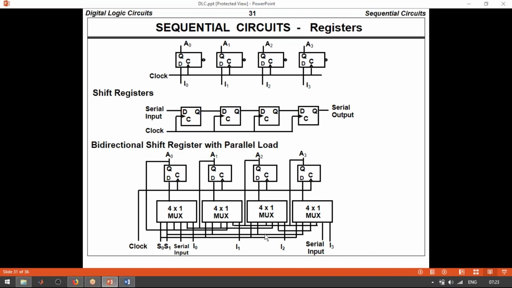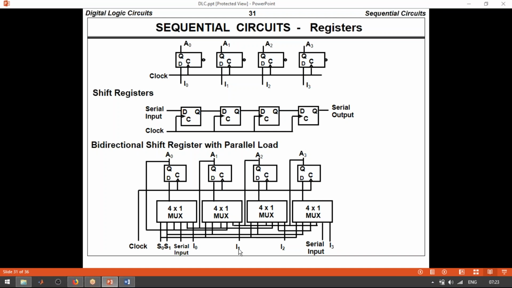Then A naught is connected to this one, and this output is connected to this one, and this output is connected to this one, and this output is connected to this one. That means this one is connected to this multiplexer, and this output is connected to this multiplexer, and this one is connected to the output side.